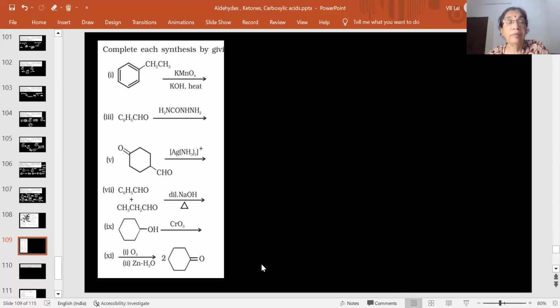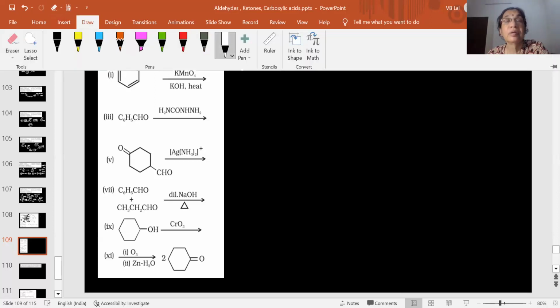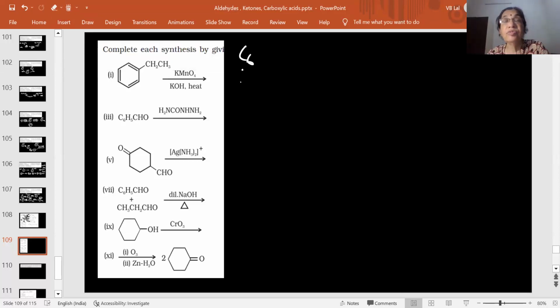Okay, so I have to now look at the seventh one. So it is C6H5CHO plus CH3CH2CHO. Okay, so alpha hydrogen, the second one has alpha hydrogen.